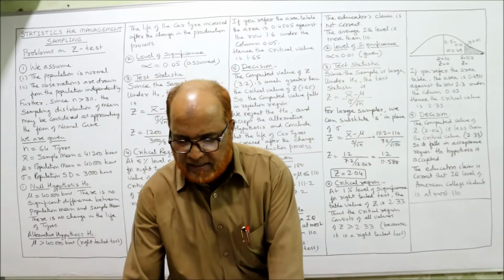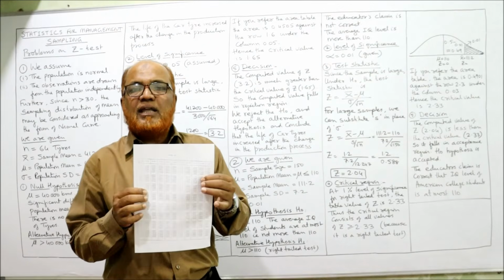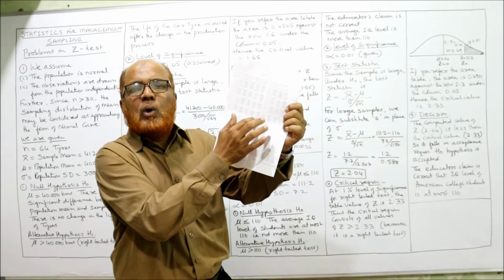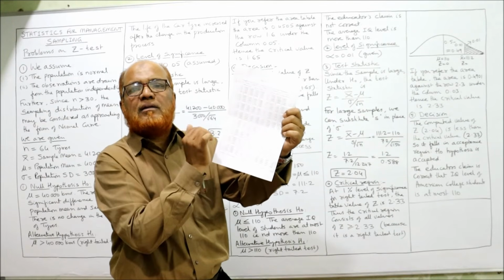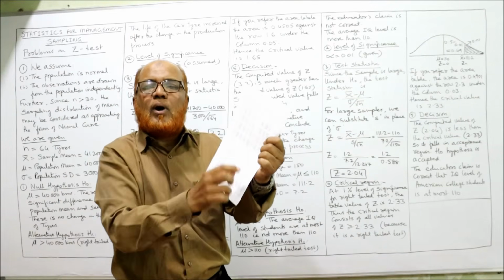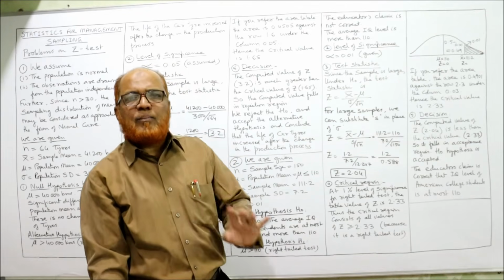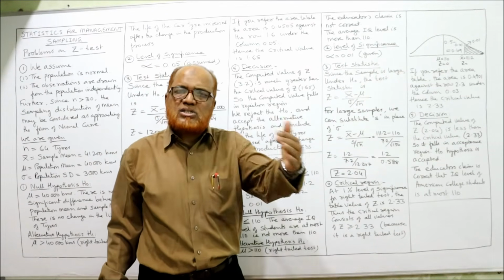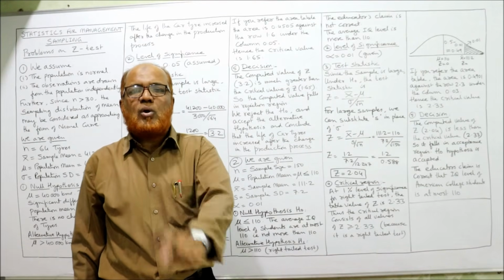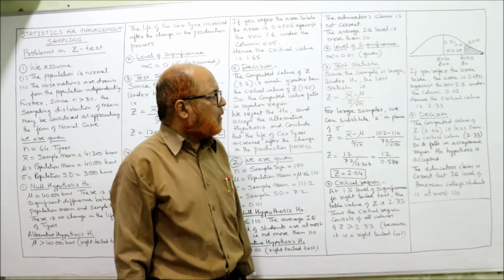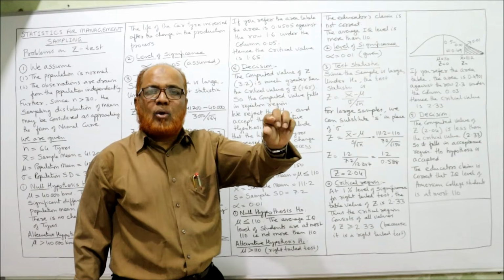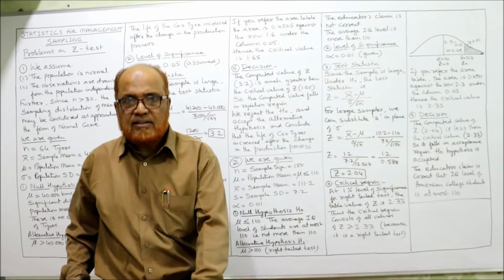Now you have to refer to the area table. In the body of this table, all the areas are given. Locate in which row and in which column you will get 0.49. Exactly 0.49 you will not get, so take the nearest value to 0.49, which is 0.4901.